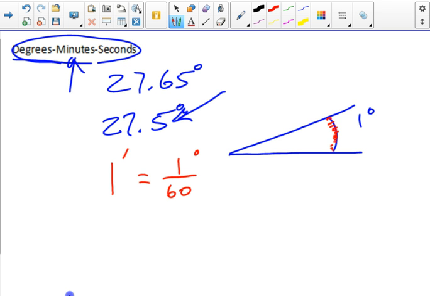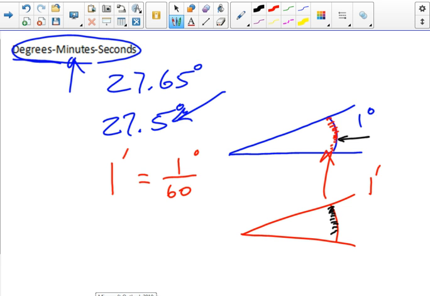Then, if you took each of those minutes, so now this represents 1 minute, it's a tiny, tiny piece of a degree. And you split that up into 60 pieces as well. So now each one of these is broken up into 60 pieces. That is defined as 1 second.